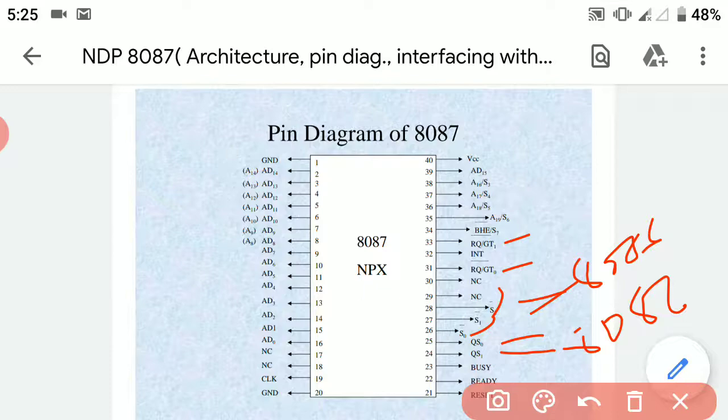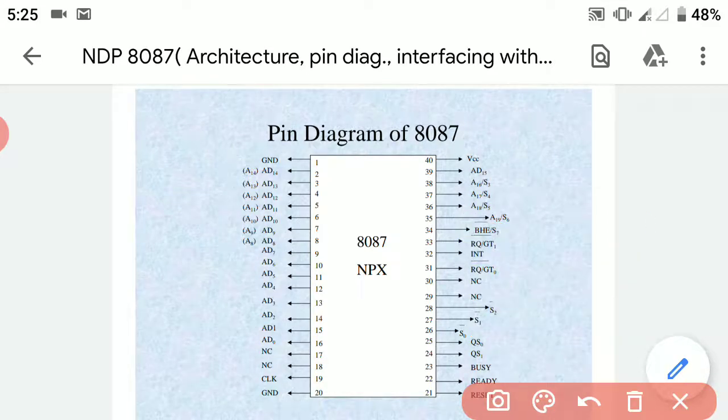This is the interrupt pin from where the 8087 can interrupt the main processor, and the last one is the bus high enable pin. Actually, this address data bus is directly connected with the address data bus of the 8086 processor.